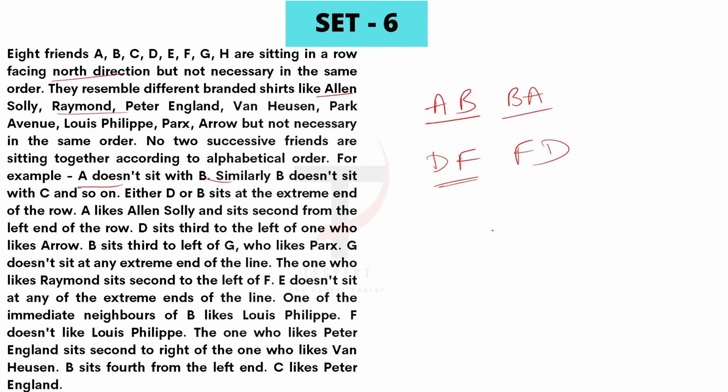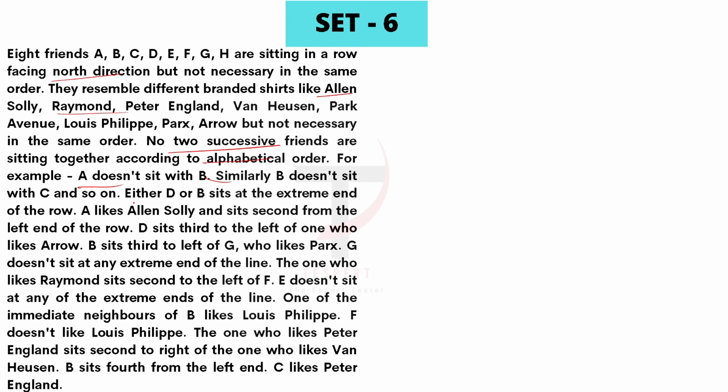At the same time, G and H shouldn't form one. So what does this mean? Two successive alphabets shouldn't come together. This is very crucial information while solving the set. This will become handy.